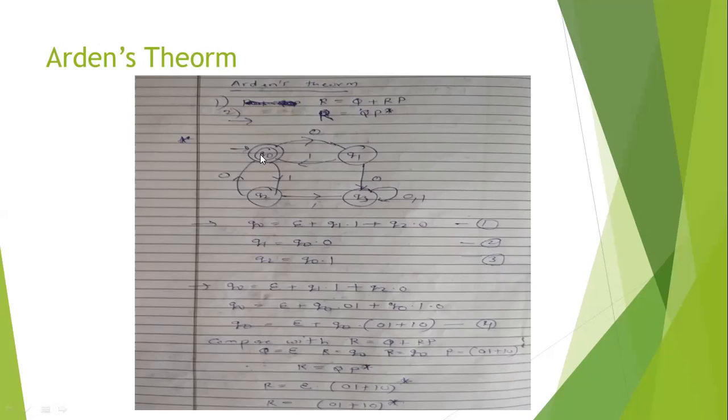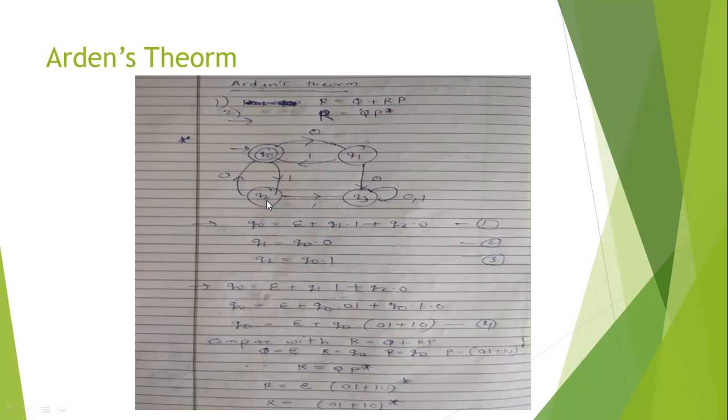Now we'll check the incoming arrows for Q0. How many incoming arrows are there? This one, start, is empty input coming, but it is not coming from any state. So I'm writing Q0 is equal to epsilon. Now again, there is one input coming to Q0, that is from Q1 on 1. So Q0 is equal to epsilon plus Q1 dot 1.